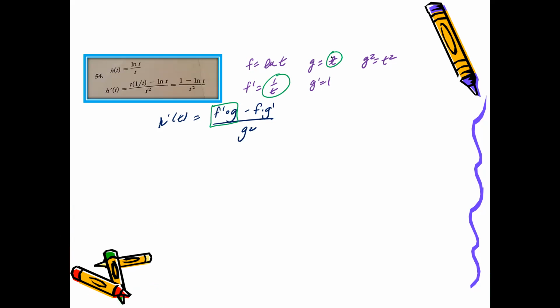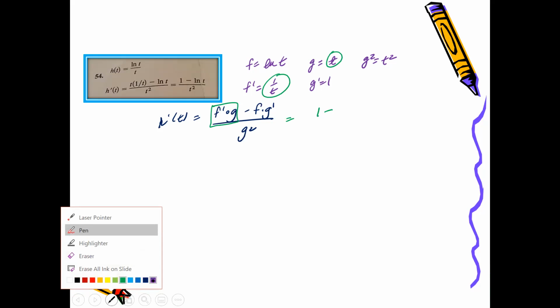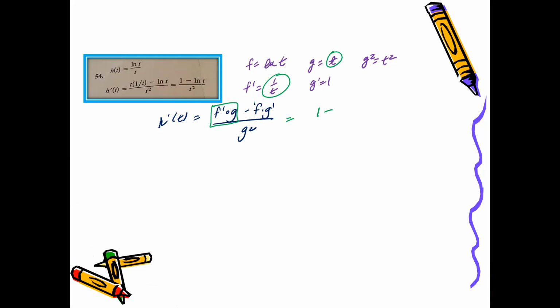Minus, the next part is f times g prime. So ln t times 1, over g squared, so t squared.